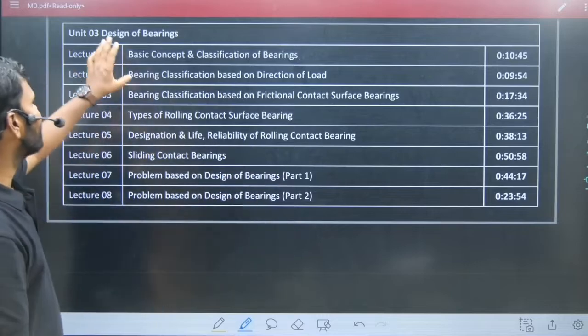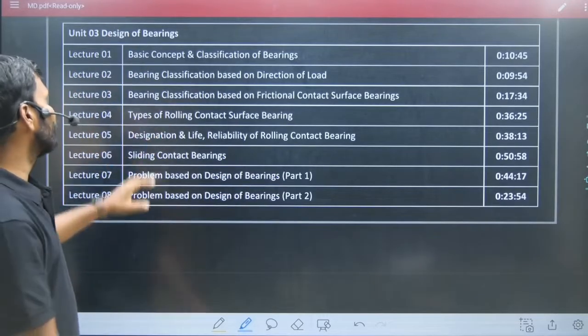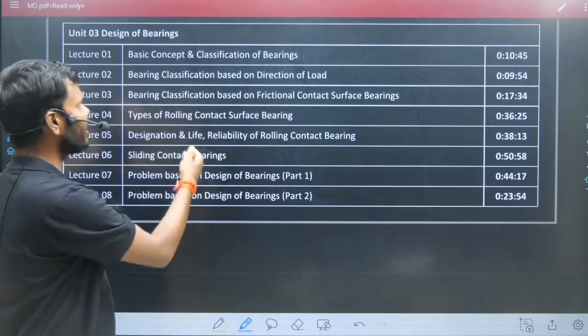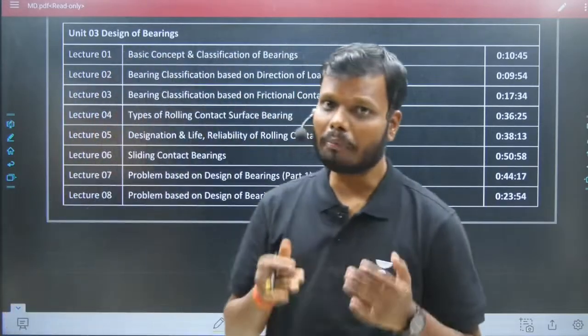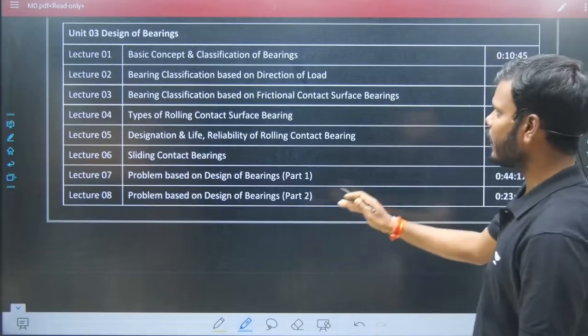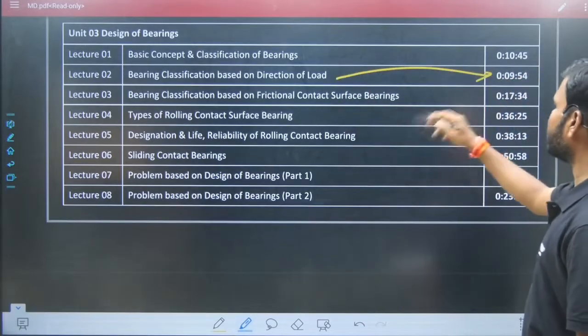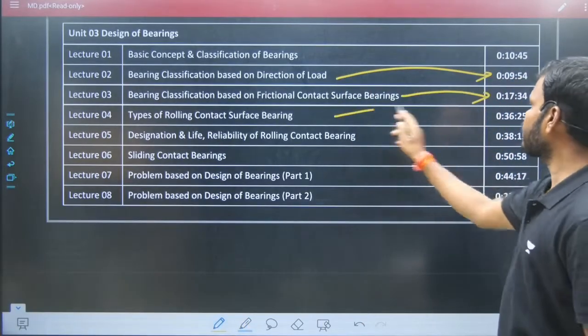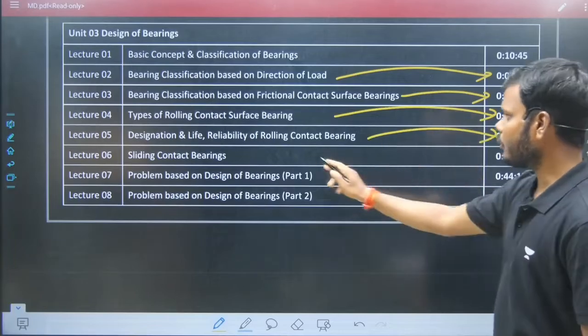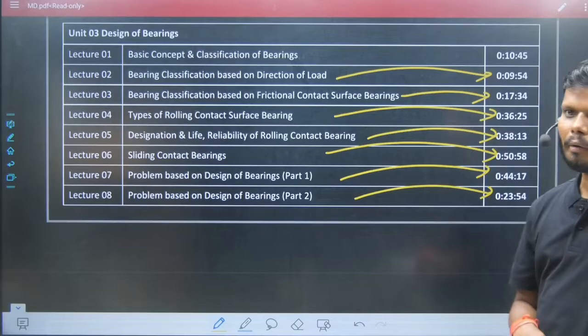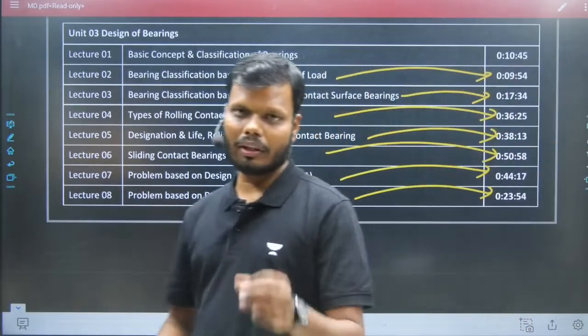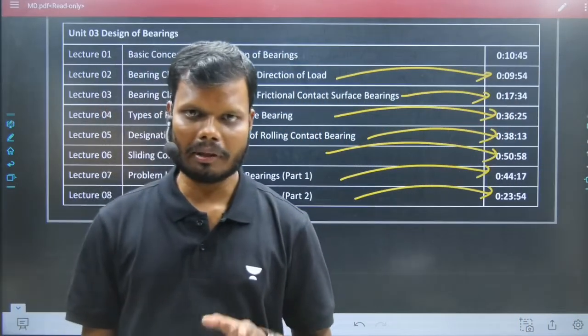All these topics will be covered in optimum time. All this time is given on the right hand side, see carefully. So that you can clear your concepts in optimum time.